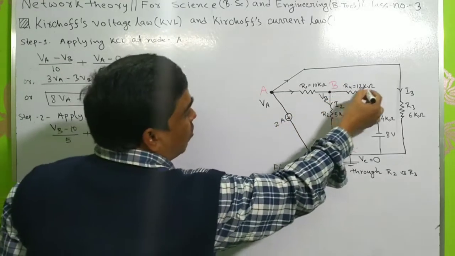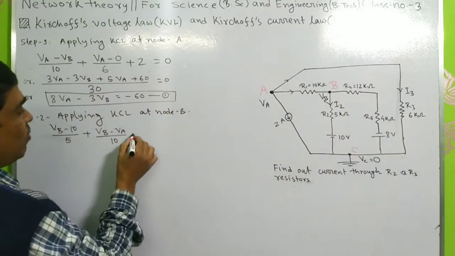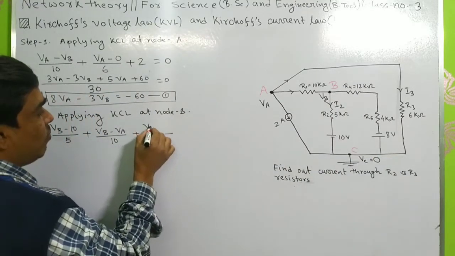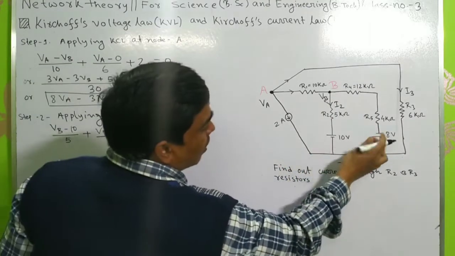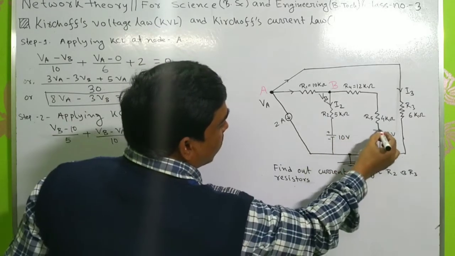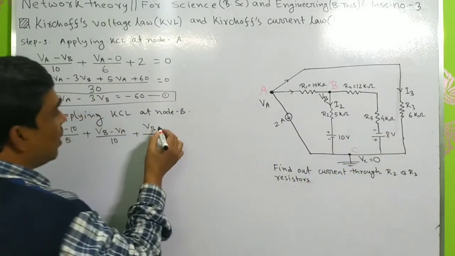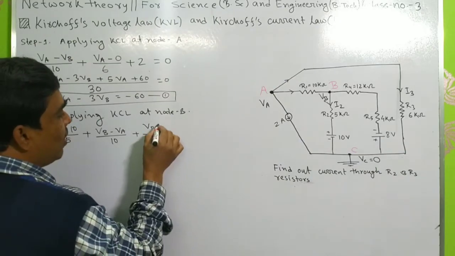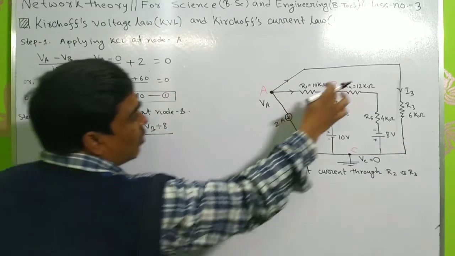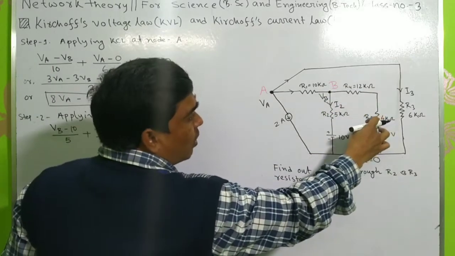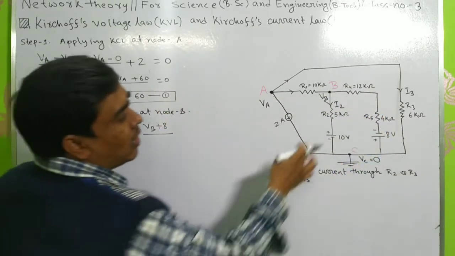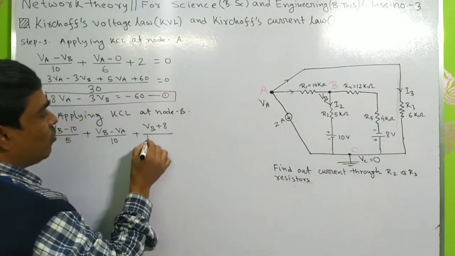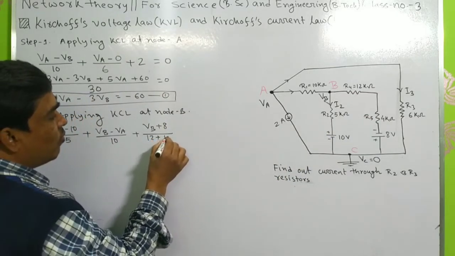Then for this branch, taking polarities into account, it will be VB minus of minus 8, so plus 8, divided by the two resistors connected in series, 12 plus 4.